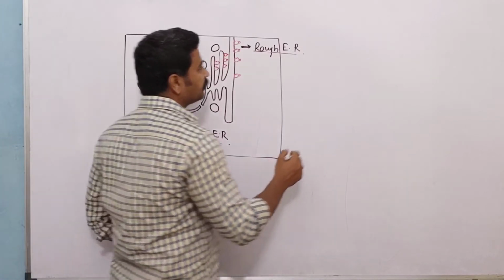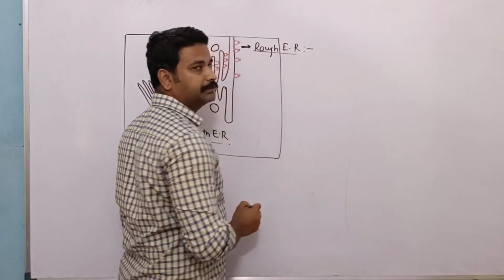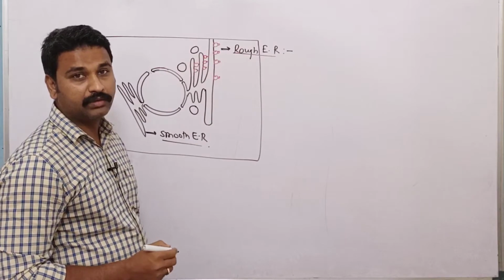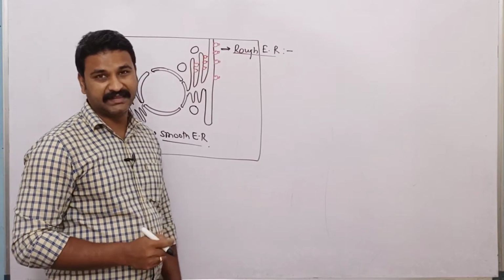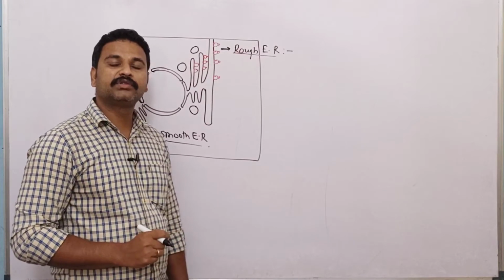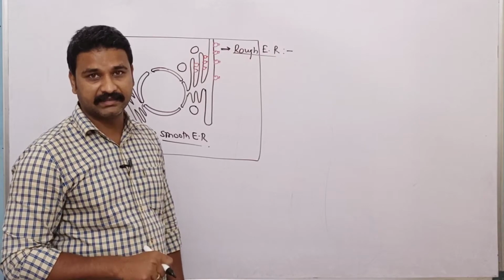Now coming to the rough endoplasmic reticulum, rough endoplasmic reticulums are produced from the outer nuclear membrane. So they are part of the nuclear membrane itself. As they are associated with ribosomes, their main function is protein synthesis.